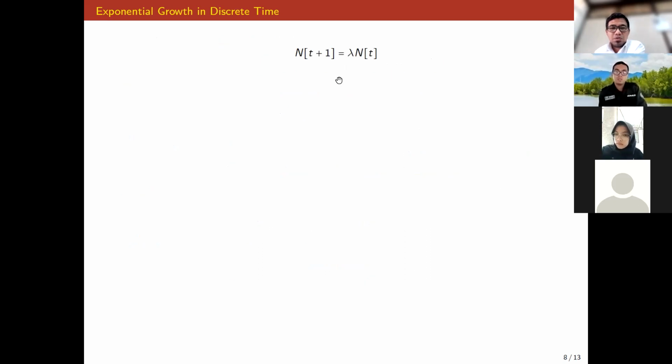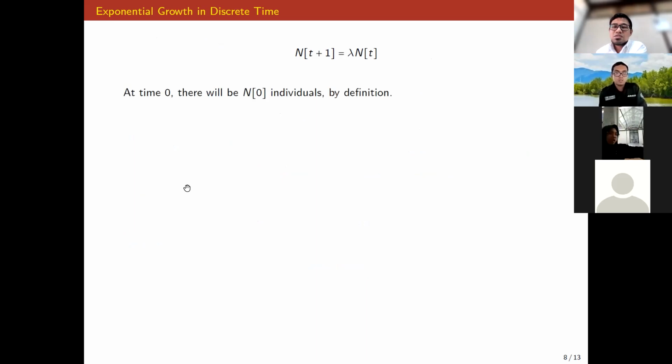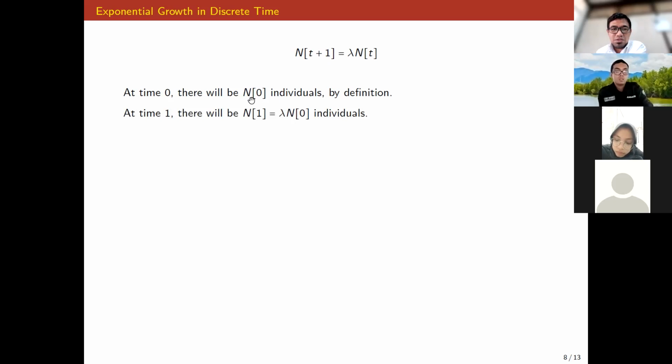Okay, so we have n_{t+1} is equal to lambda times n_t. Let's make it step by step. For example, at time 0, we will have n_0 individuals.